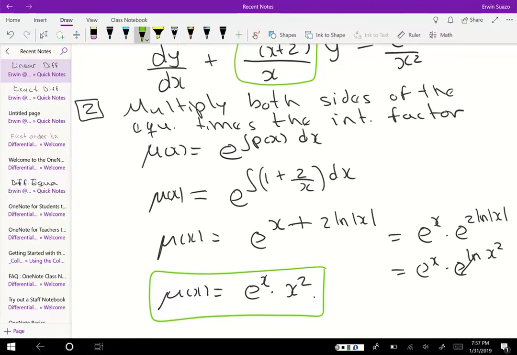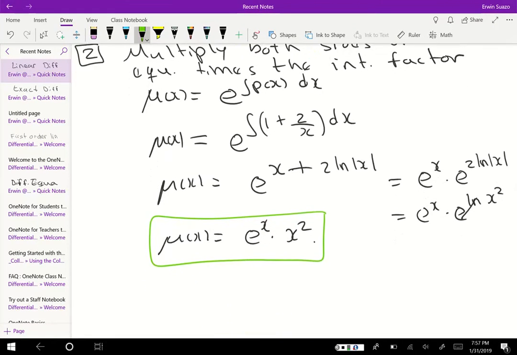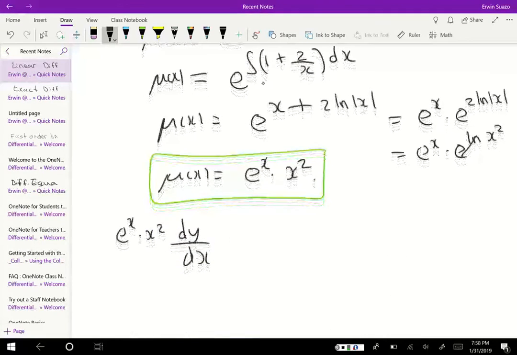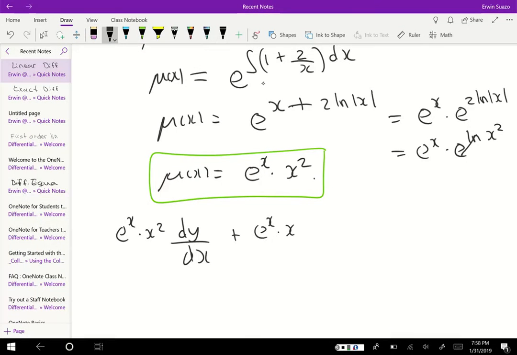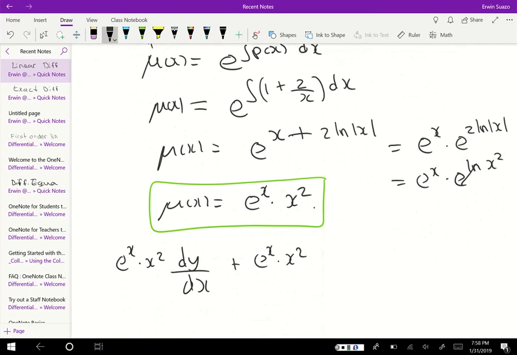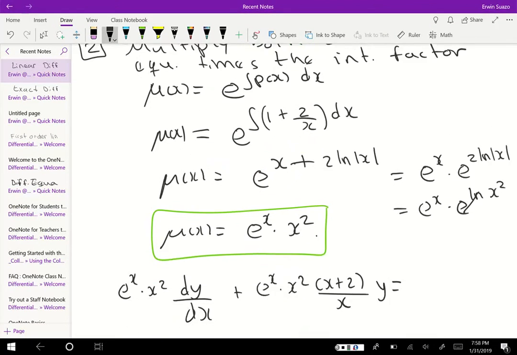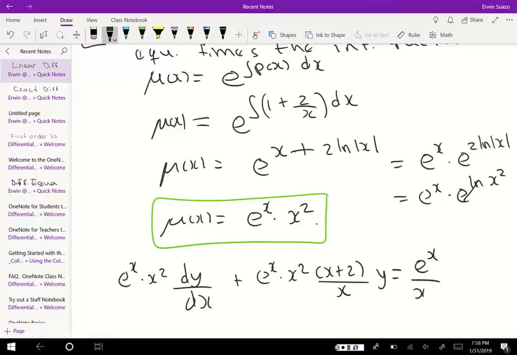So e to the x, x squared times dy/dx, plus e to the x times x squared times (x plus 2) divided by x, y, equals e to the x over x squared times e to the x times x squared.